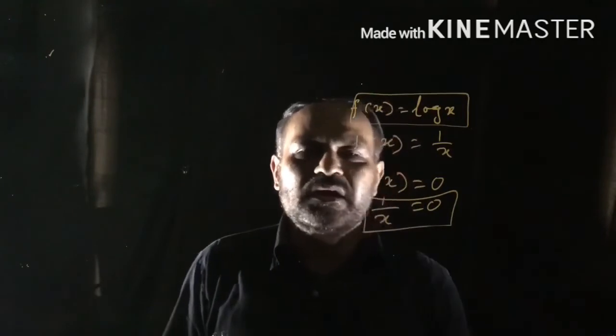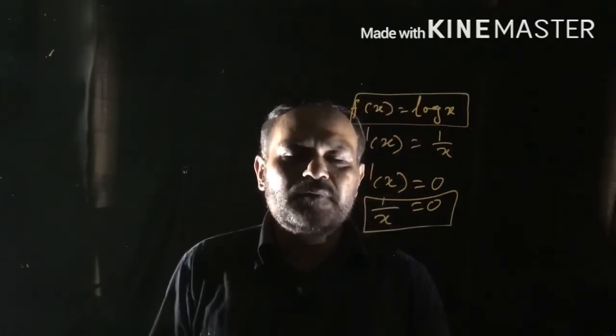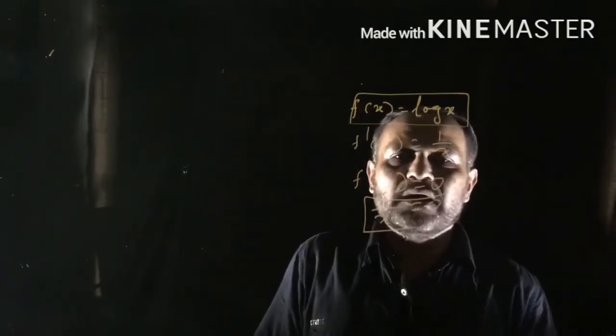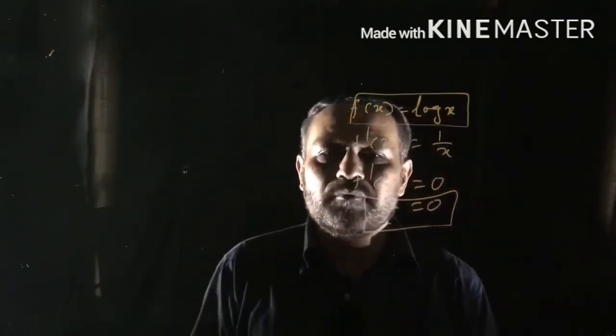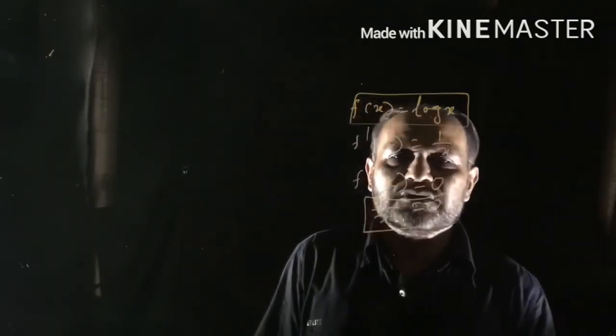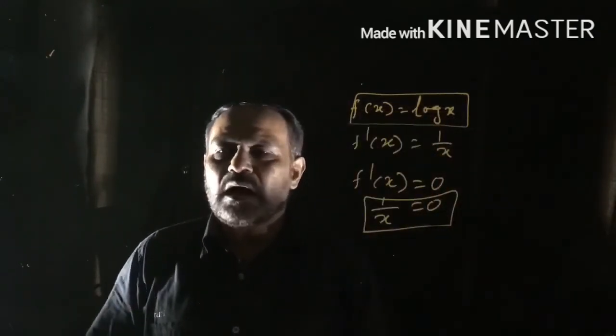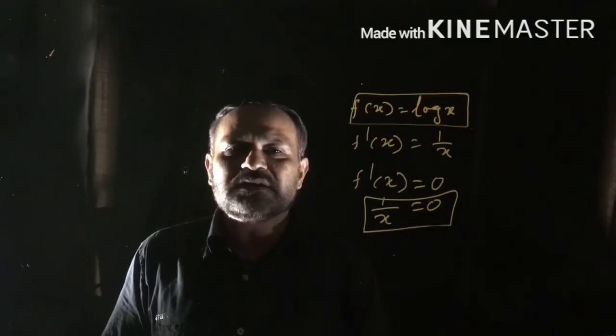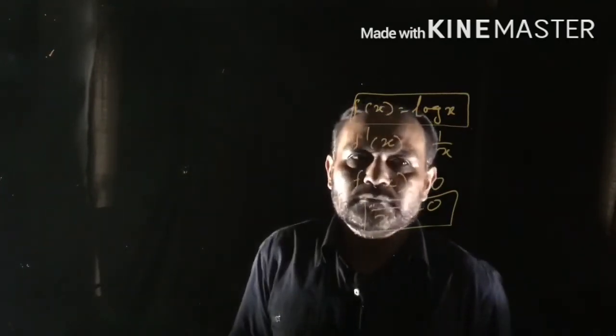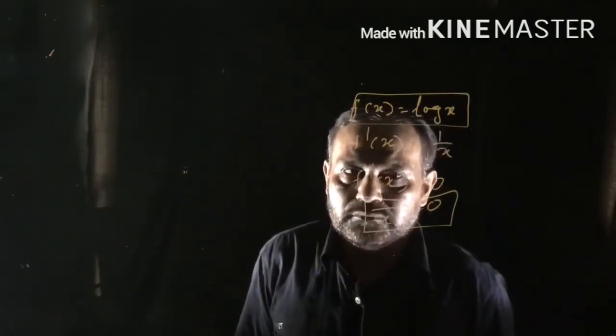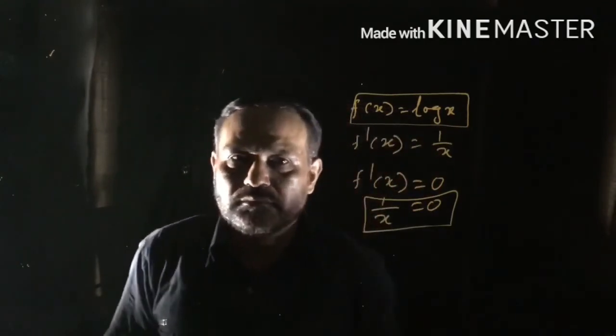Or at an extremum point, if the double derivative is equal to 0, then we cannot find out its maximum or minimum value. Next question is, Ganesh, now tell me how we find out the critical point. By taking first derivative equal to 0. Very good.